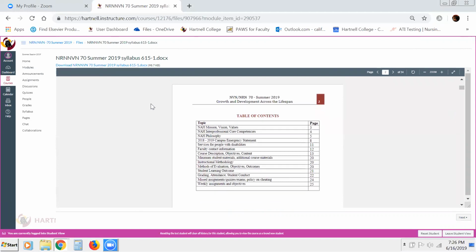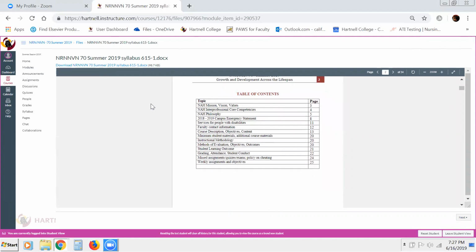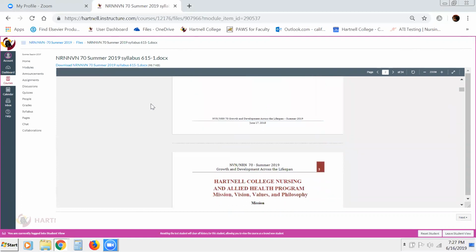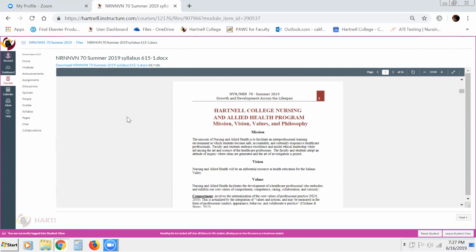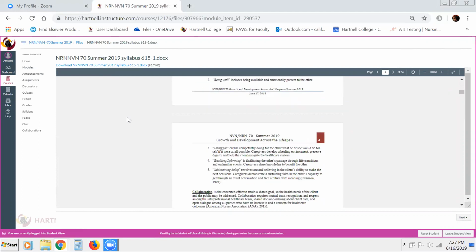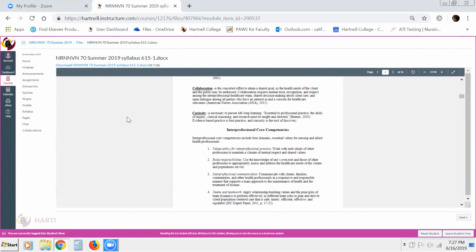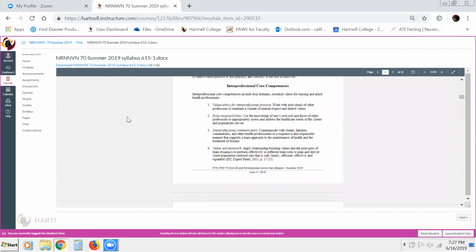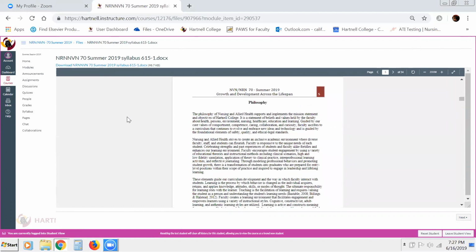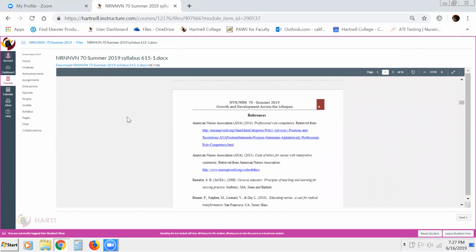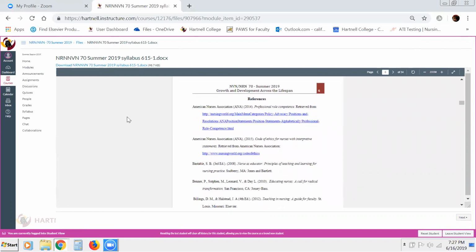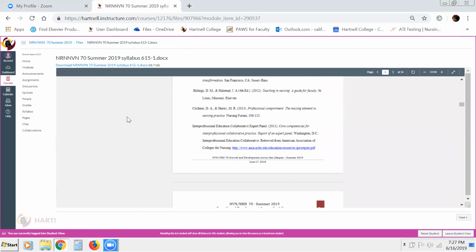Next, you'll have your table of contents, which basically shows you where to find the information that you need. We go on to about page 12 before we get to the specific growth and development information. But here, you'll find our mission, vision, values, and philosophy with our 5 core values, and interprofessional core competencies. There's the philosophy, and then here are the references in APA format for where we reference that information.